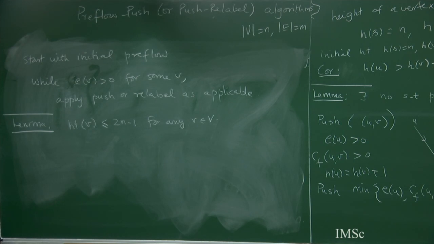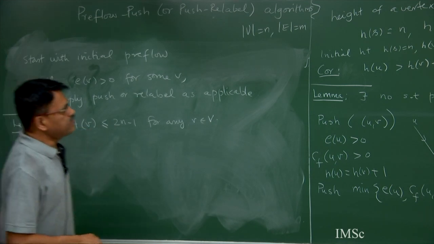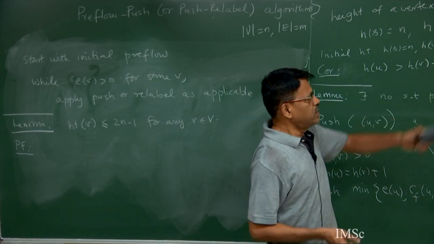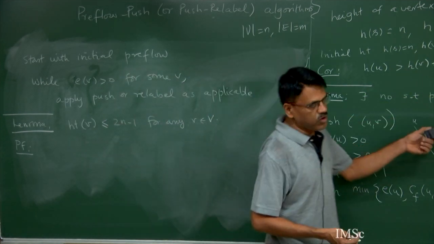And how did we prove this? Let me just write sort of a single-line proof. Height starts with 0 for everybody, and then the height of a vertex changes through the relabel operation.